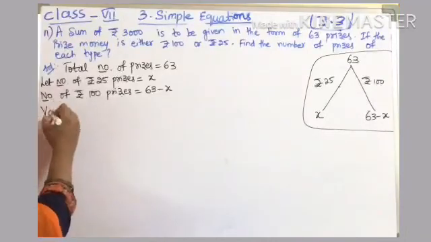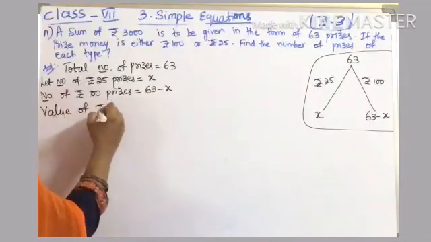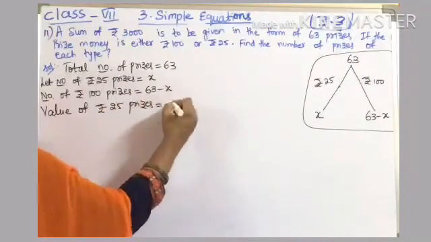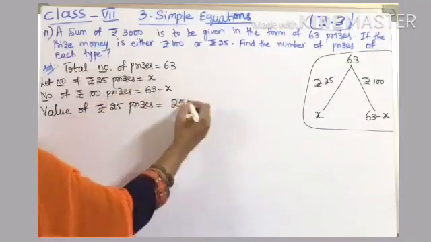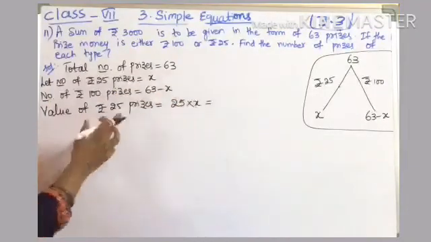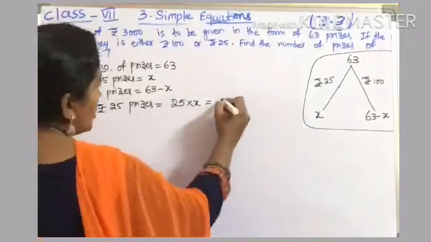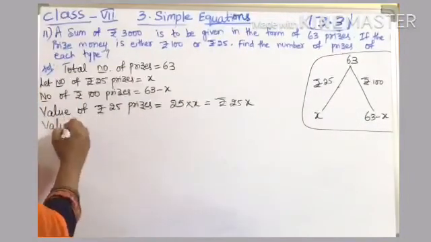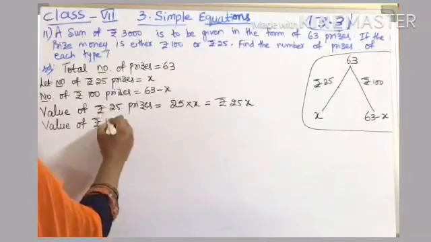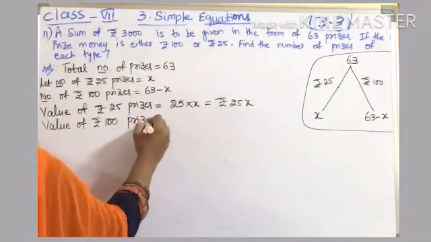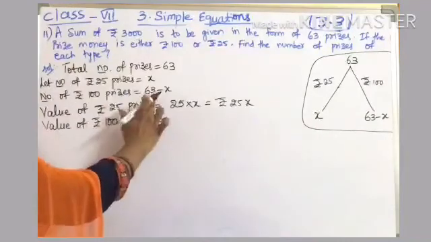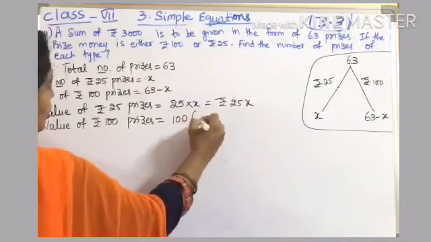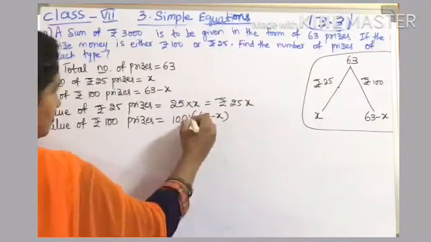Okay? So I am writing the value of 25 rupees prizes. You have to multiply that X into 25, because 25 rupees each. So 25 into X is how much? Rupees 25X. And next you have to find the value of 100 rupees prizes. How many 100 rupees prizes do we have here? 63 minus X. That is, you have to multiply 100 into 63 minus X. Right?